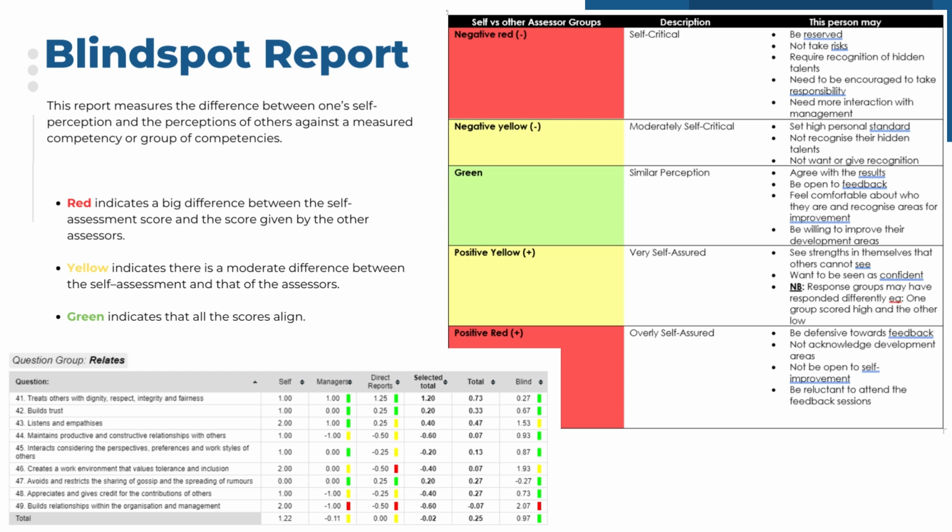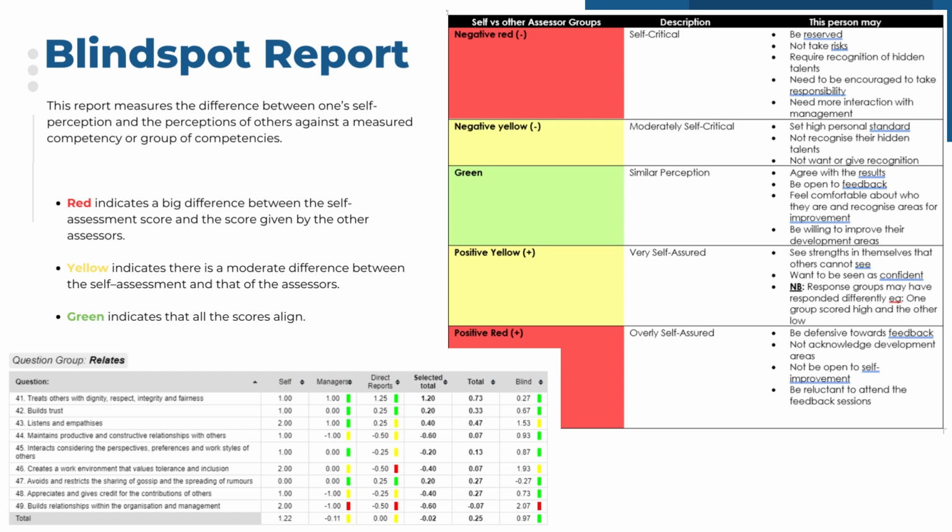Just note that because something is green, it doesn't necessarily mean it's not a development area. What that means is just that all the parties have the same perspective on that point as the assessor themselves. Red or yellow means that there's some discrepancy in their perspectives.